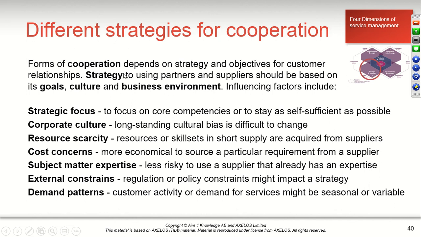We also mentioned the demand pattern, that the customer activity or demand for service can be seasonal or variable. And cost concern is also very important. That is, there should be a more economical way to source a particular requirement from a supplier.